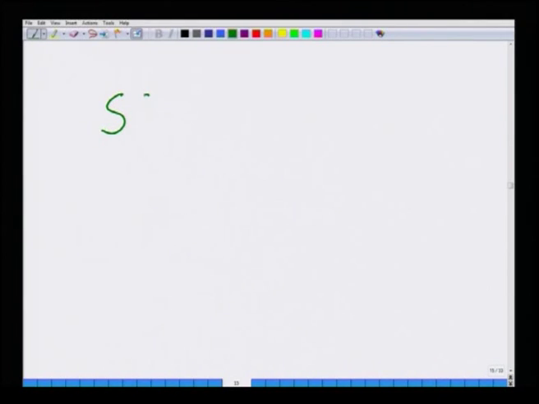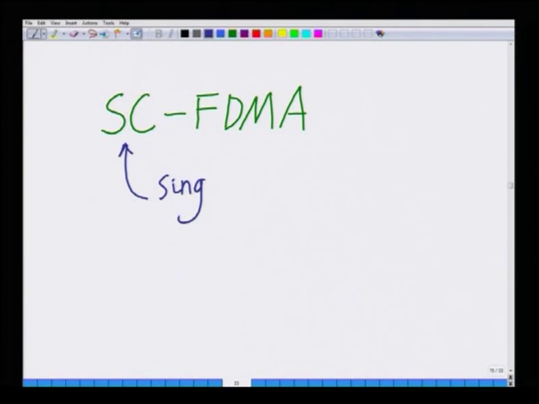SC-FDMA is a variant of OFDM. It stands for single carrier frequency division multiple access.